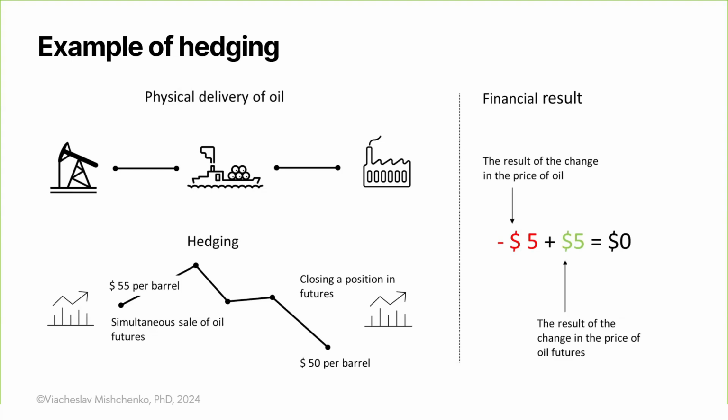This hedge is sometimes called a perfect hedge. It results in a net financial impact of zero, effectively locking in our prices. But in reality, perfect hedges are rare due to factors like basis risk. This example nevertheless illustrates the fundamental principle of hedging.